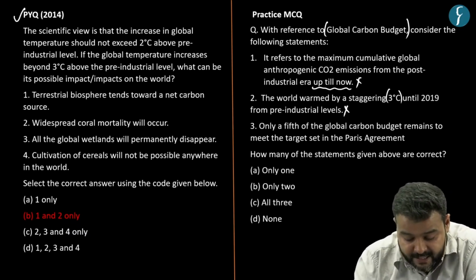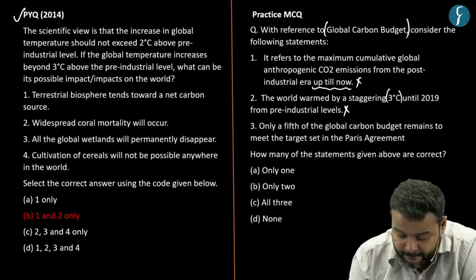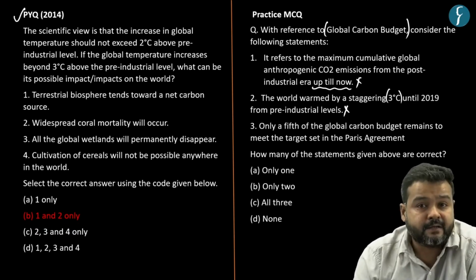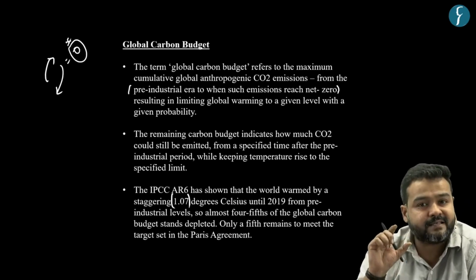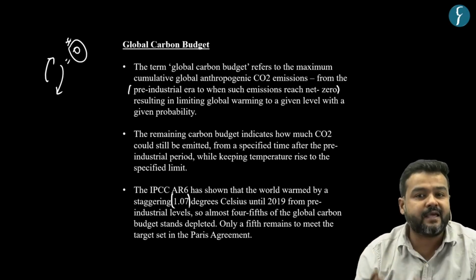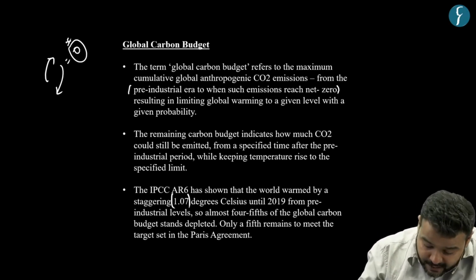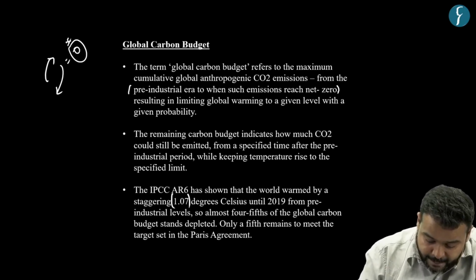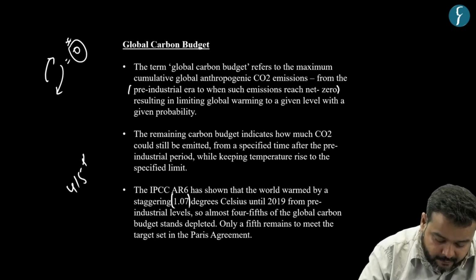Third statement says only a fifth of the global carbon budget remains to meet the target set in the Paris Agreement. Now just see, I told you the budget is how much more you can emit so that things remain in control and you can achieve net zero. Now, as per this report, we have exhausted almost 4/5 of the budget.